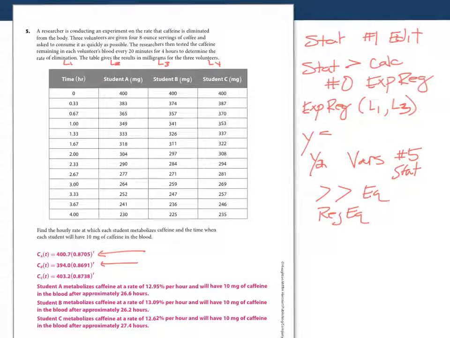Again, you go either to the table, or in this case, since the question asks at what time they have 10 milligrams, you can graph 10 milligrams on your calculator, look at the individual equations, and find the point of intersection to get these particular values.